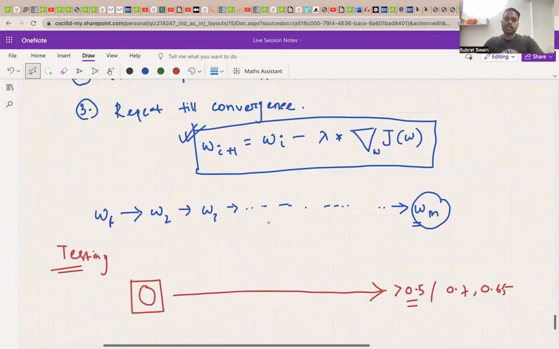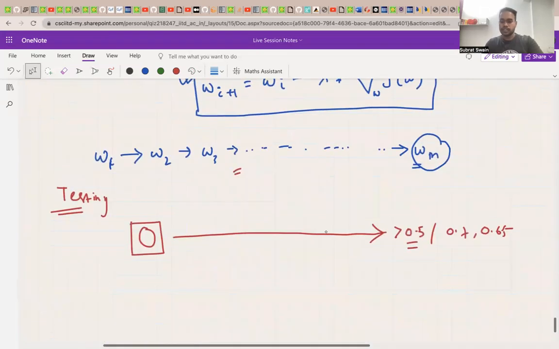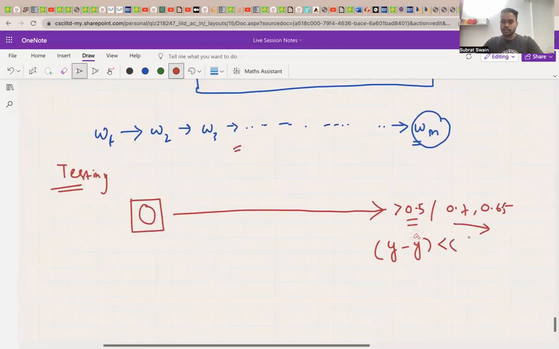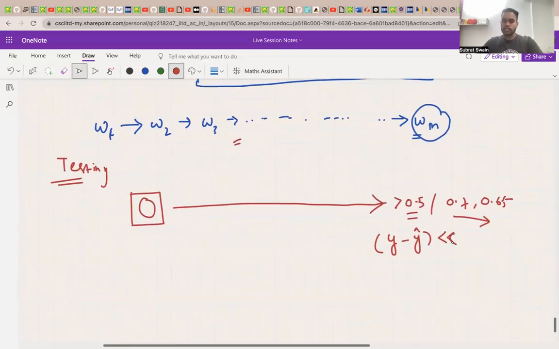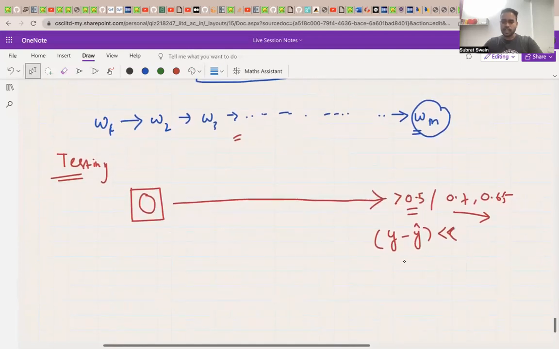Since you have learned the weight which minimizes this, you'll always get something where the difference between y and y hat will be low. And since you increase the value more for dog, you'll get a lower score for cat.